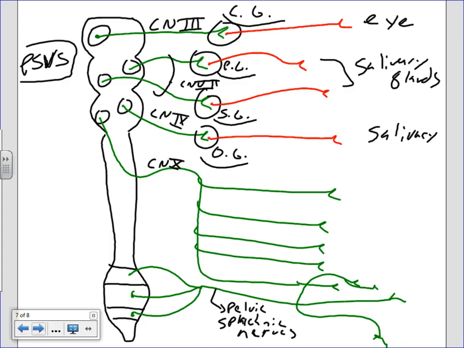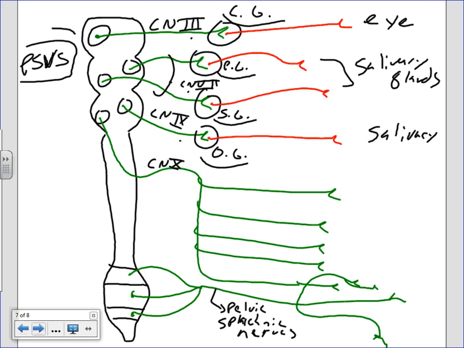Basically, parasympathetic innervation to the head comes from cranial nerve number 3, cranial nerve number 7, and cranial nerve number 9. By now you better know what these cranial nerves are by their numbers. So that's parasympathetic innervation to the head.